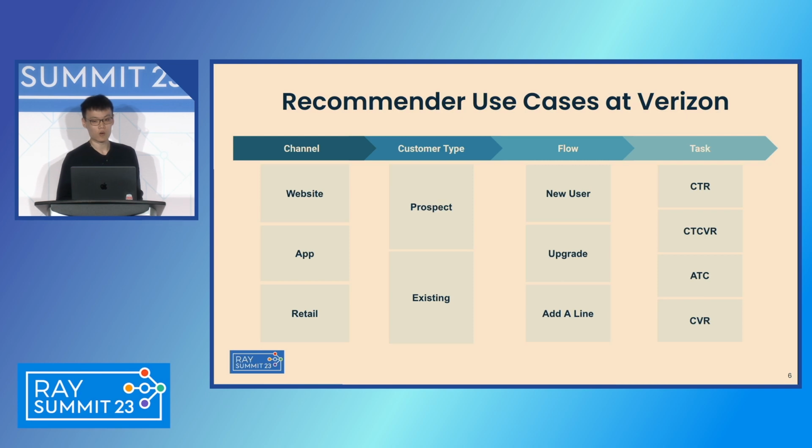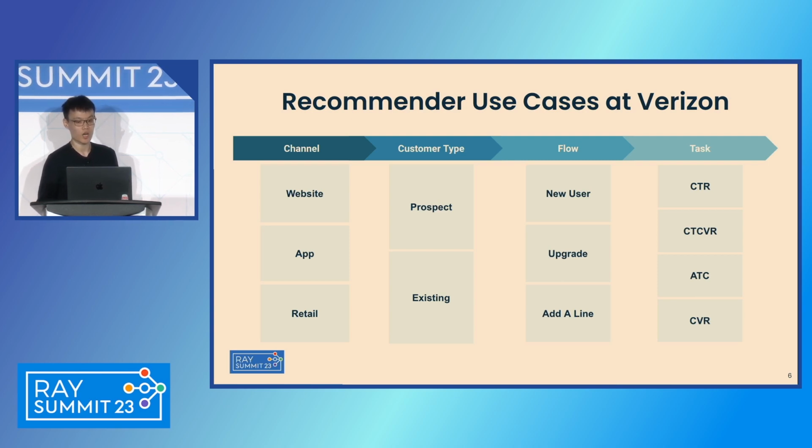We also have flow-based breakdowns, where we treat the experience slightly differently. When a new user comes and tries to shop with us, we call that the new user flow. We have an upgrade flow for existing customers who are looking to upgrade their device. We also have an add-a-line flow, where they add new lines to their account.